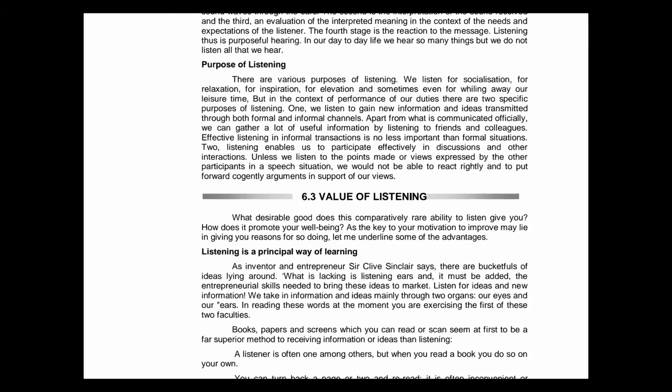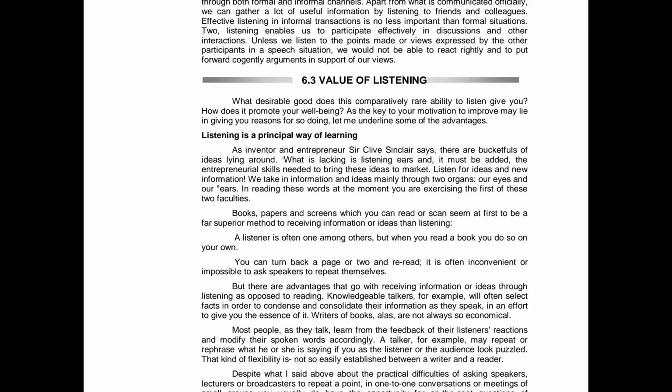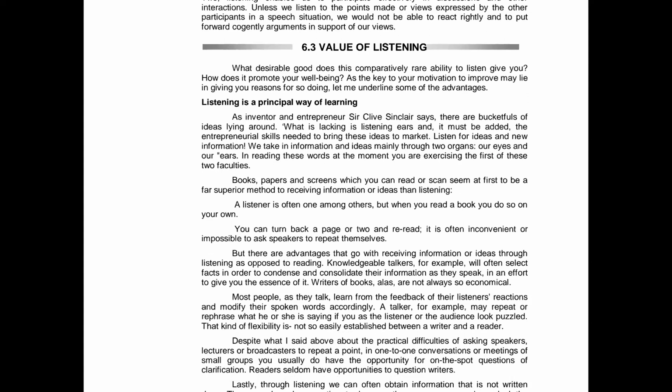What could be some of the value of listening? Is there any value in listening? What is actually desirable is that we should be able to make comparisons.